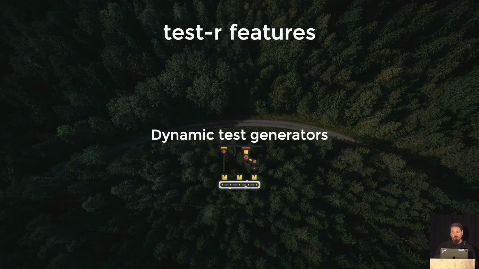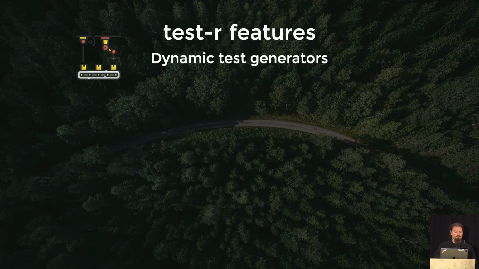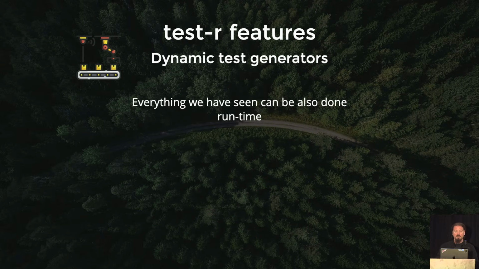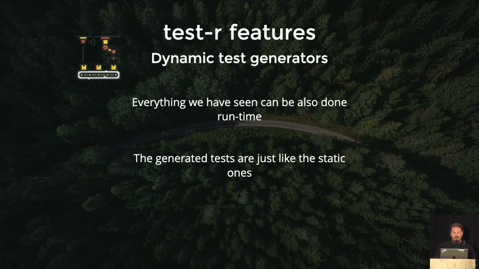And the last feature I wanted to show is the dynamic test generators. Everything that I've shown you so far is also possible. I mean, these were so far created by test annotations, but everything is possible at runtime as well. And the generated tests are acting just like the static ones, except that you, of course, cannot click on them in the IDE because there is no source code related to them.